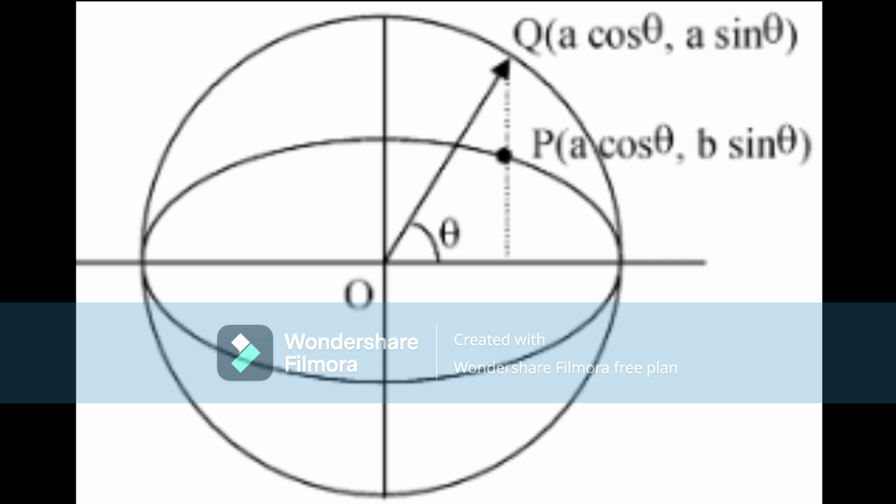Because sine square plus cos square is equal to 1, and the equation of an ellipse is already something square plus something square equal to 1, right? So I'm going to replace that x upon a term with cos theta, and the y upon b term with sine theta, because that still holds, right? It's not wrong, because cos square plus sine square is still equal to 1, and x by a whole square plus y by b whole square is also equal to 1.